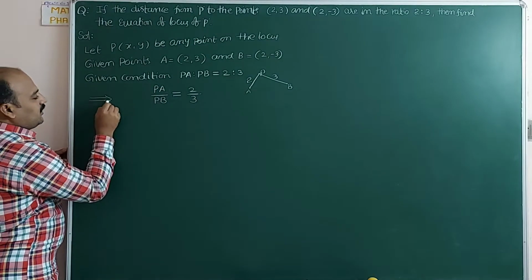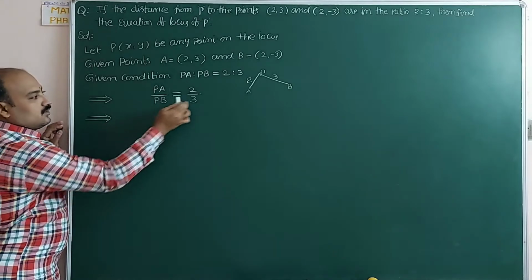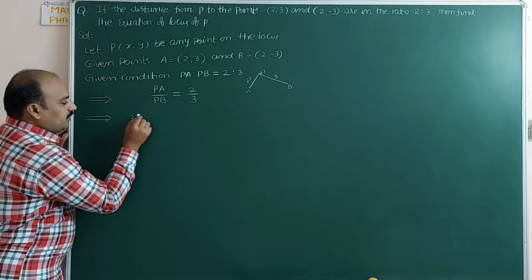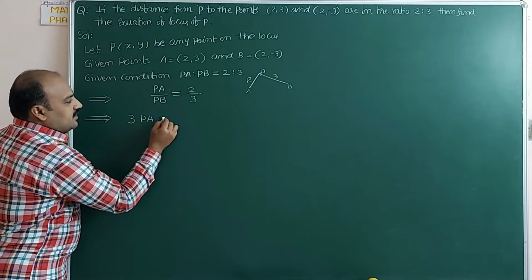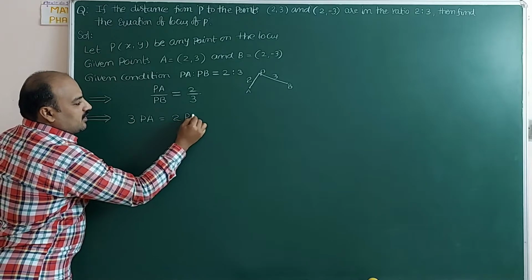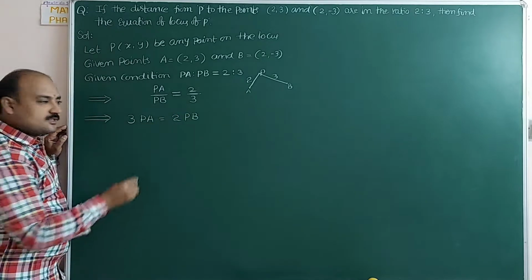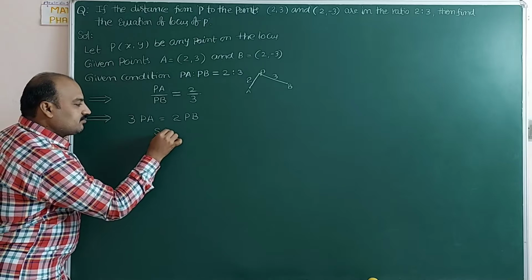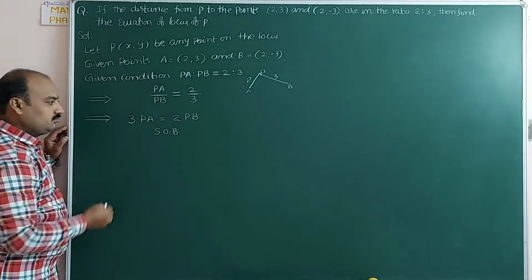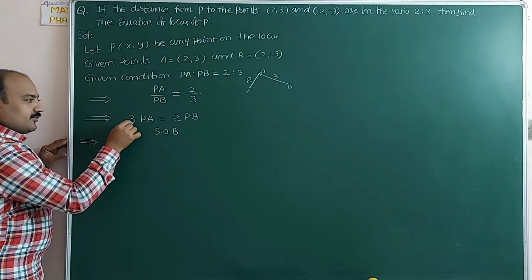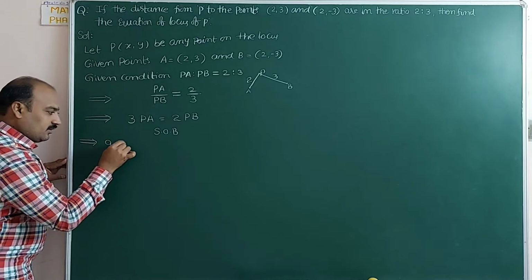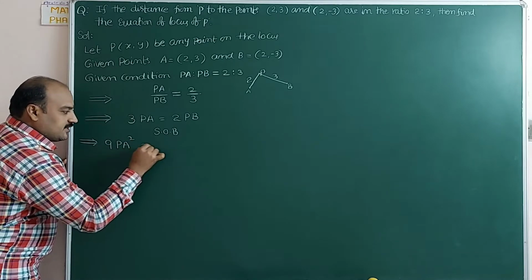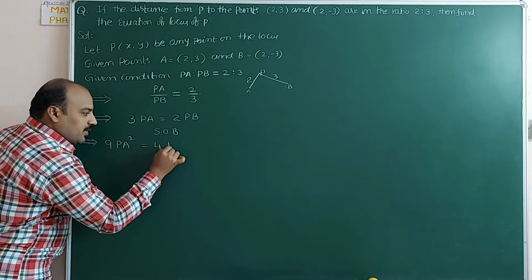Cross multiply: 3 into PA is equal to 2 into PB. After this step, squaring on both sides, that implies 9 PA square is equal to 2 square, 4 PB square.